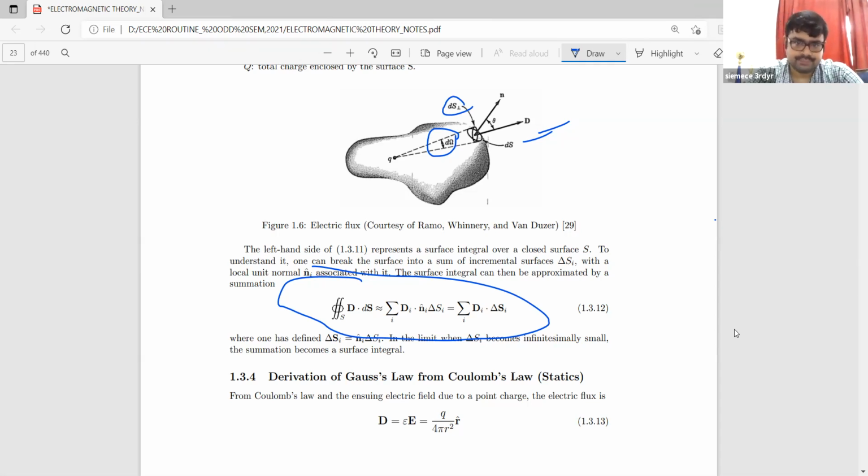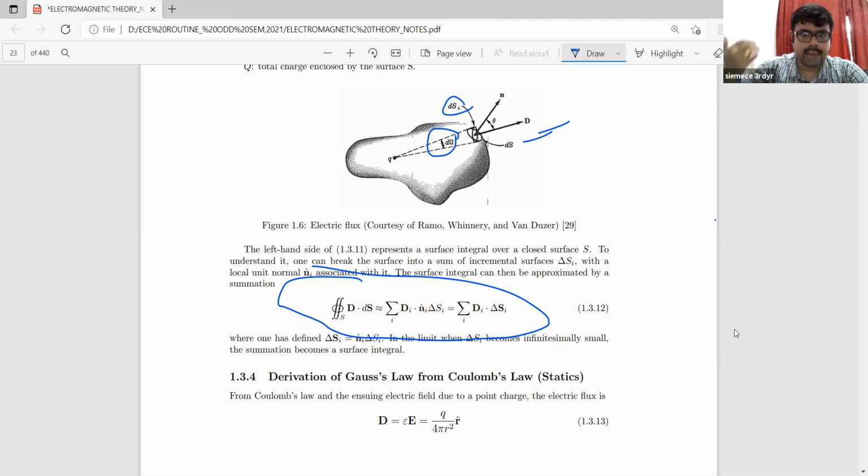The surface integral can then be approximated by a summation: the surface integral of D dot dS is nearly equal to the summation over i of D_i dot n_i cap delta S_i, which equals the summation over i of D_i dot delta S_i. That depends on how many sections we have considered, and i denotes the number of sections of the closed surface.